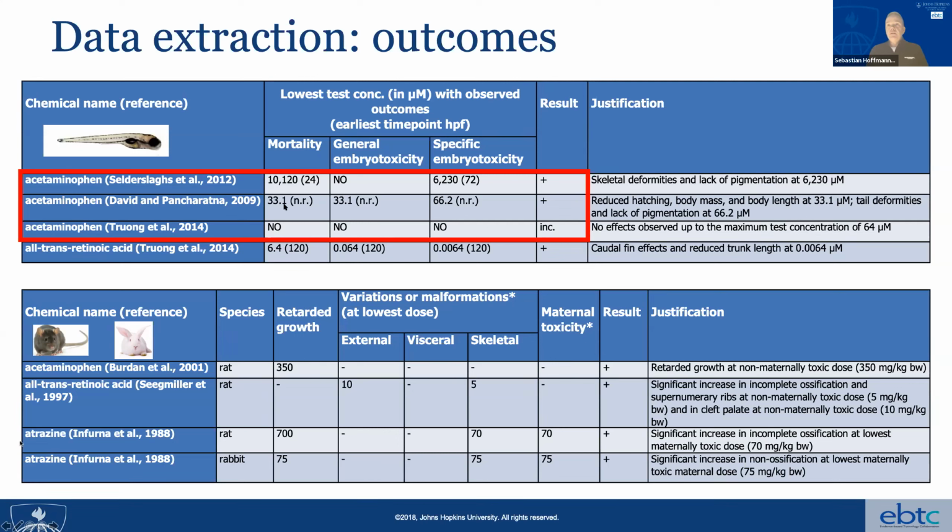And you see fundamental differences between the studies. In the second one, you had already effects at rather low concentrations, while in the first study, you needed to use concentrations 100-fold higher to see some effects.